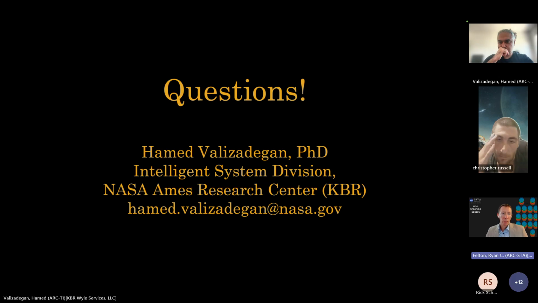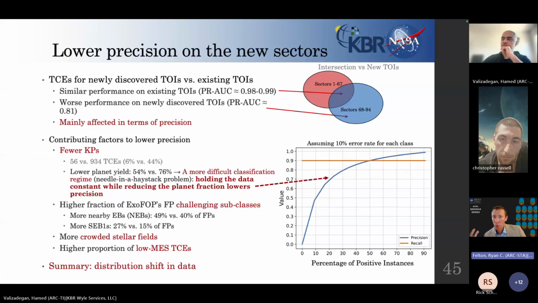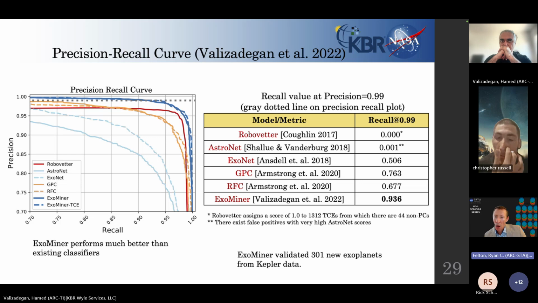Okay, well, while people are thinking, I know you talked a little bit about this at the end, Hamid, and maybe this answered the question, but I was noticing back around slide 29, when you were first showing the precision and recall results compared to the other ones, why does RoboVetter seem to be doing so well, even though it's the oldest on here, from 2017? Do you have a sense for why it was essentially the second best in terms of the precision recall curve compared to ExoMiner, even though we had these other ones like ExoNet and RFC between RoboVetter and ExoMiner?